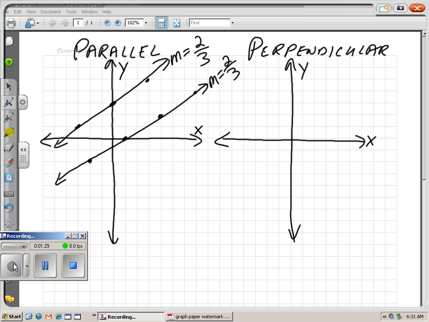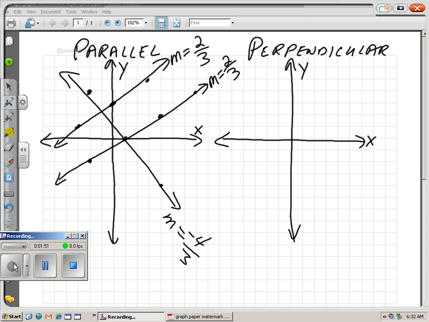Same thing works when you're going in a negative direction. Let's say I start up here and go down, let's go down 4 over 3, and down 4 over 3. That's a pretty steep slope, and it's going downhill. So that's a slope of -4 over 3.